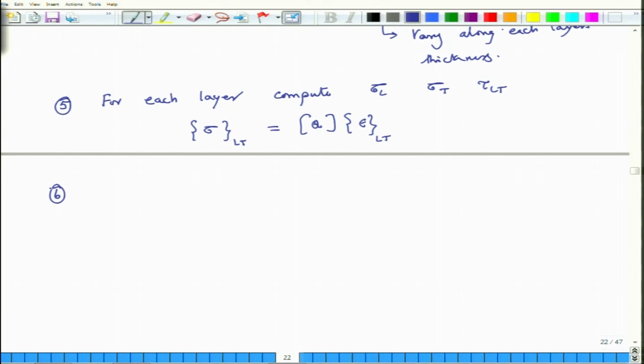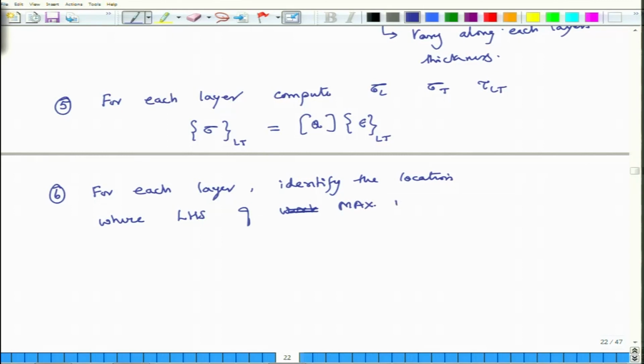Sixth, for each layer, identify the location where the LHS, left hand side, of the maximum work criteria is at its peak.